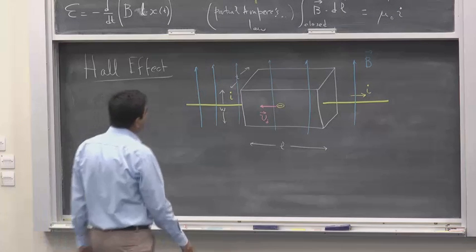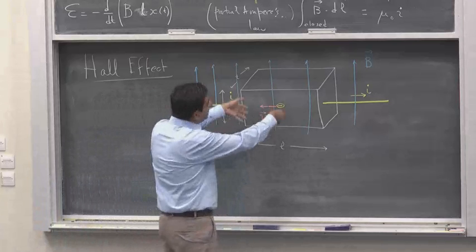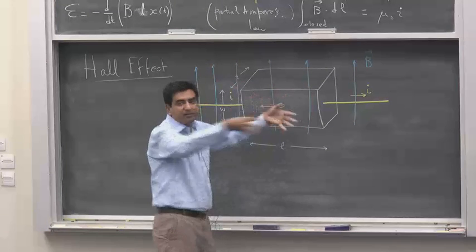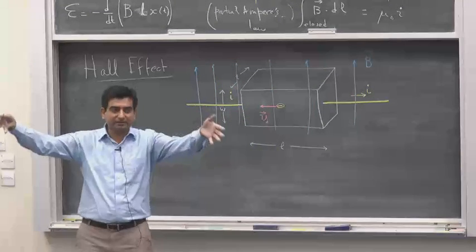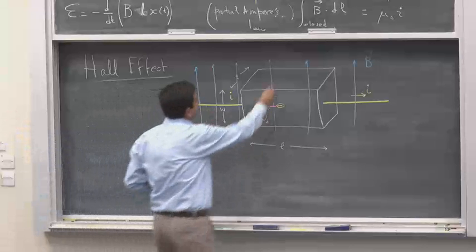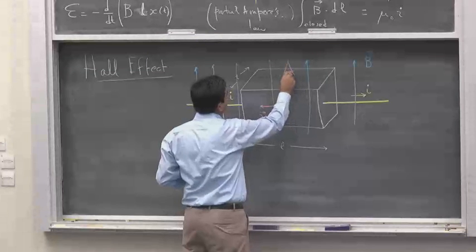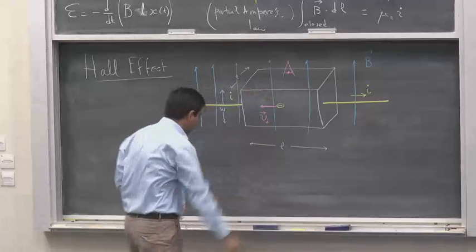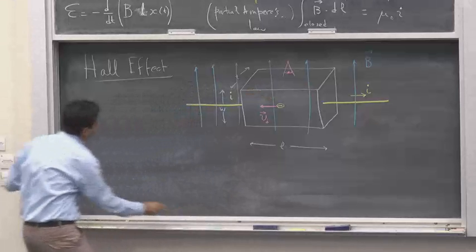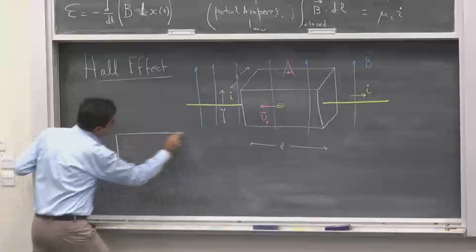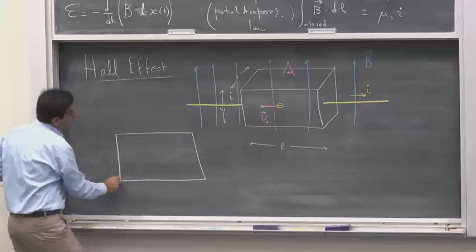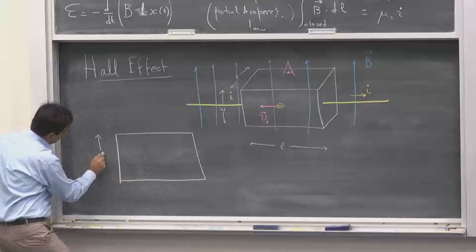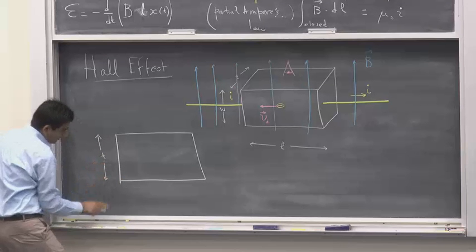So what's going to happen is that if I observe from here, from the top, I can draw this diagram from the top. This is T, an electron.